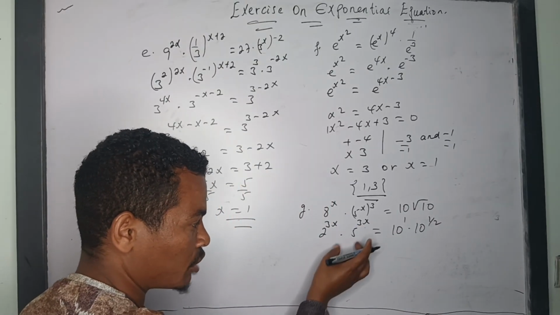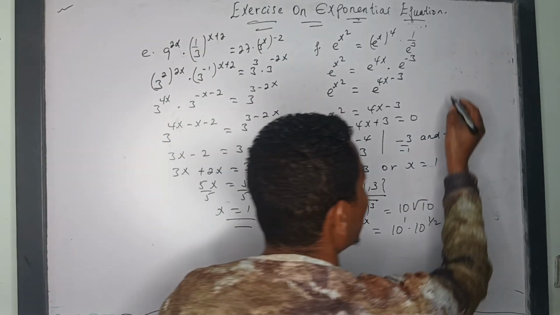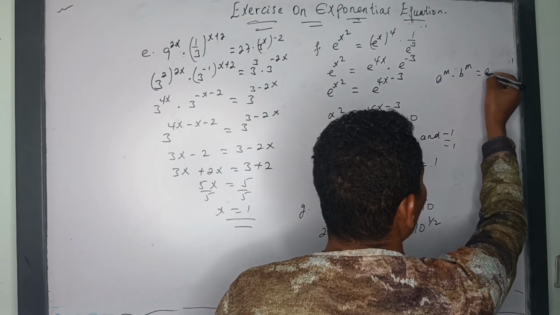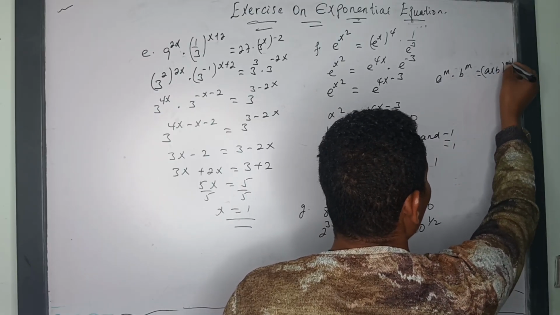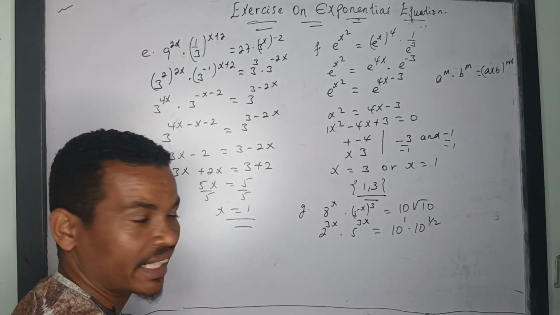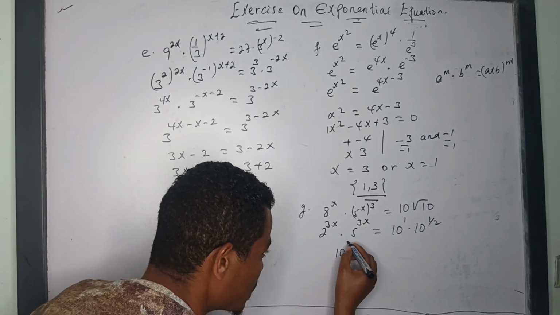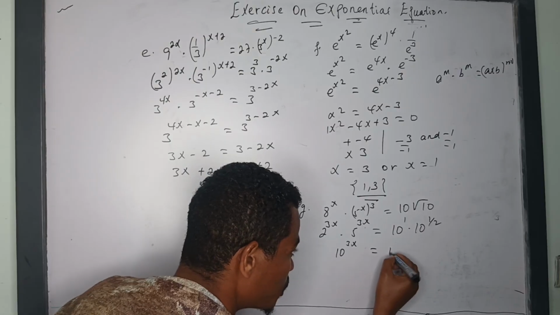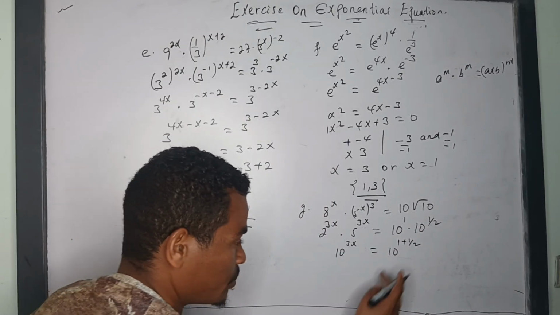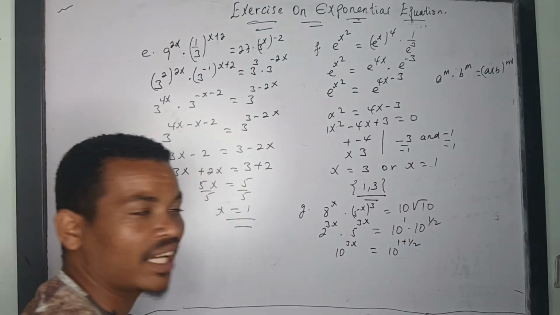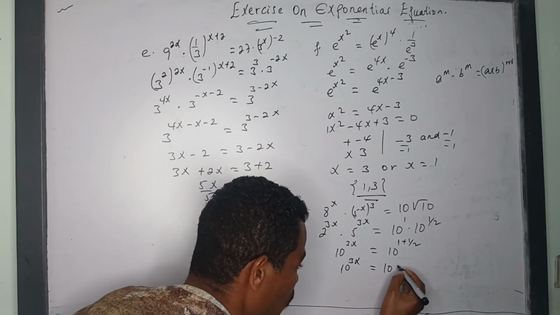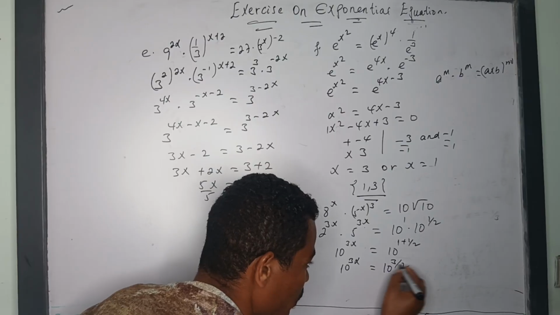They are of the same exponent, the bases are different. That means if a the power of m times b the power of m is given, what do we do? We make it a times b the power of m. So again this one is the same with 2 times 5 the power of 3x, that is 10 the power of 3x, is equal to 10 the power of 1 plus 1 over 2, because they are of the same base, we add the exponents. 10 the power of 3x is equal to 10 the power of 1 plus 1 over 2, which is 3 over 2.